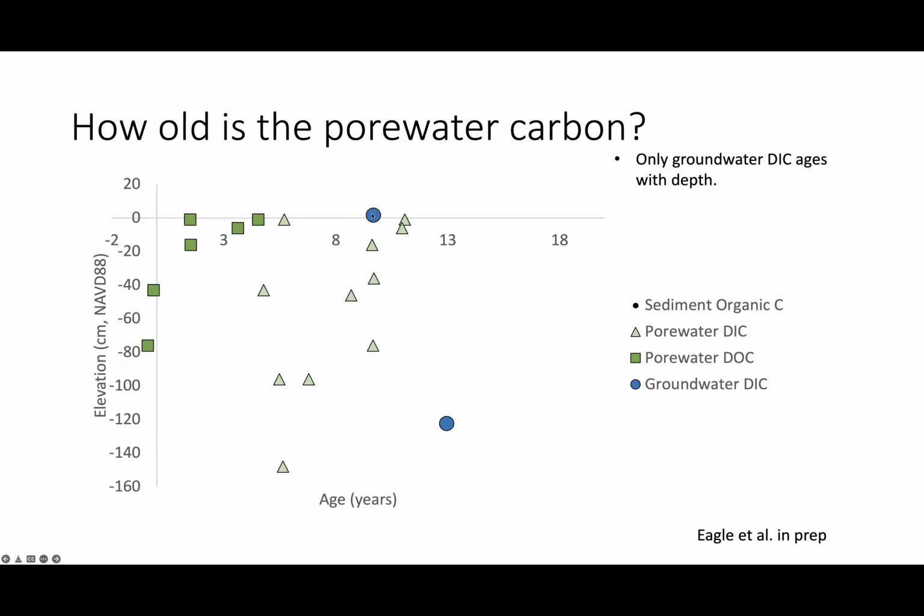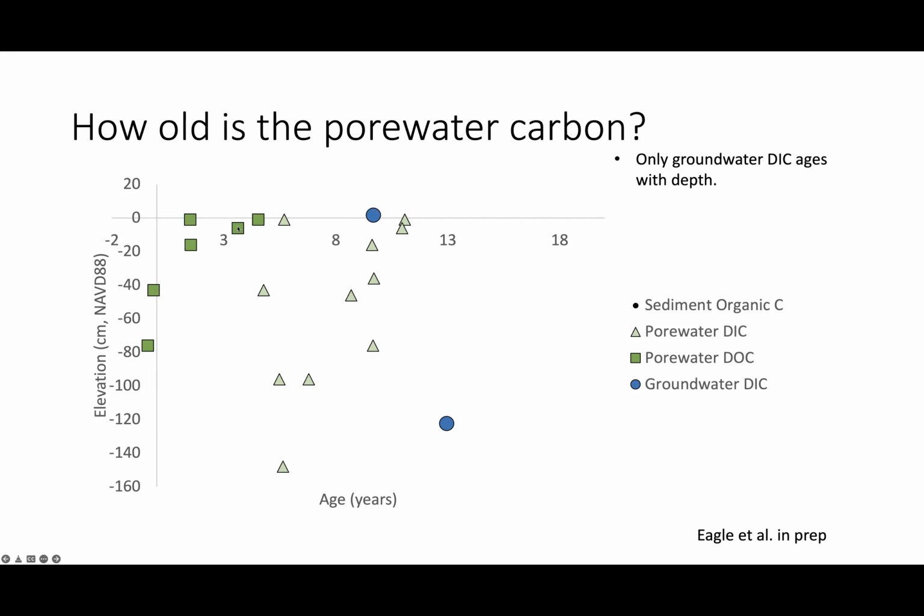The sample right at the surface is not at zero, so it's not at the surface, it's at this elevation, 15 centimeters below the sediment surface. You can see there is an increase in age with depth, but for the Porewater DIC, in the triangles, it's about all the same age. It doesn't really vary in terms of its carbon-14 content and its del-13C content. It looks about the same.